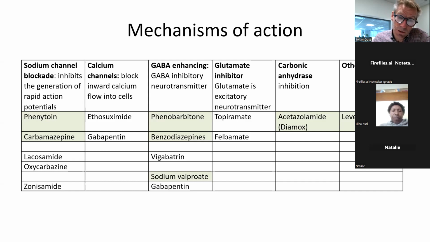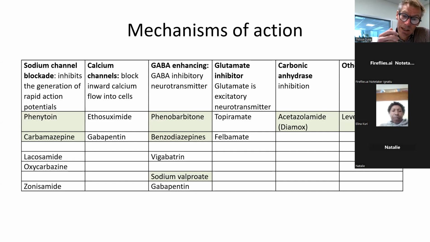And the reason it's useful is because if you've got a child who's, say, not doing so well on phenytoin, then it may not be useful to put them on carbamazepine because it has the same mechanism of action. You'd be better off choosing another agent like phenobarbital with the phenytoin, or changing to an agent that has a different mechanism of action, rather than adding another agent that has the same mechanism of action.